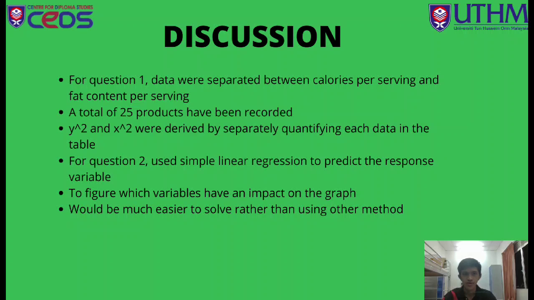Simple linear regression can be used to figure out which variables have an impact on the graph or can assist explain it. Then, utilizing the data we have already collected, we can try to predict the next data. Problem solving would be much easier rather than solving it using the other method.